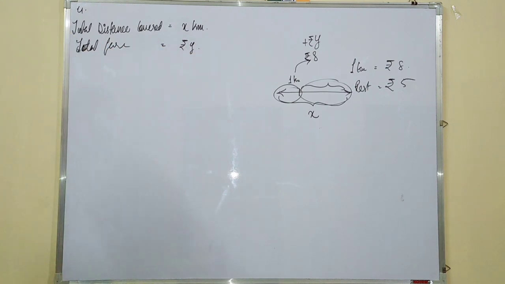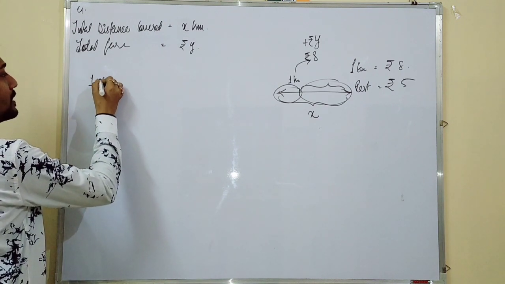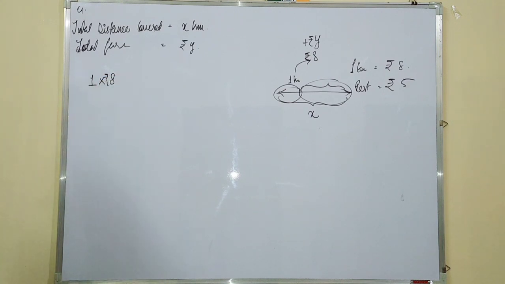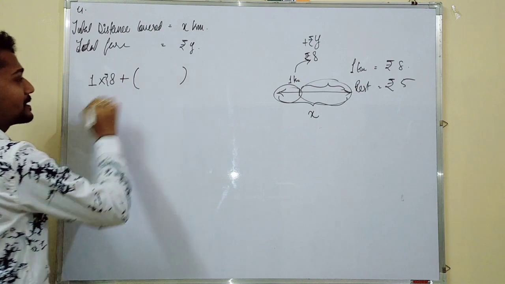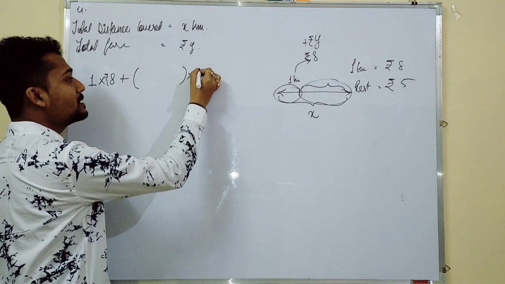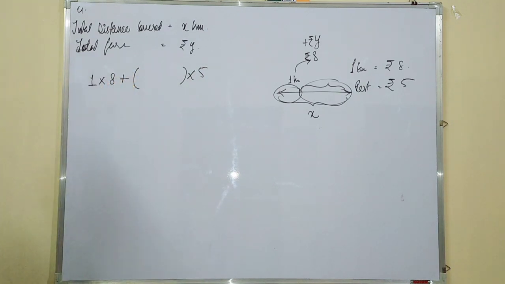Now you see, for the first 1 kilometer, the fare was how much? Rupees 8. Isn't it? For the first 1 kilometer the fare was rupees 8, and for the rest of the distance, it will be charged as how much? Rupees 5. I am removing the rupees sign here, that will be better.